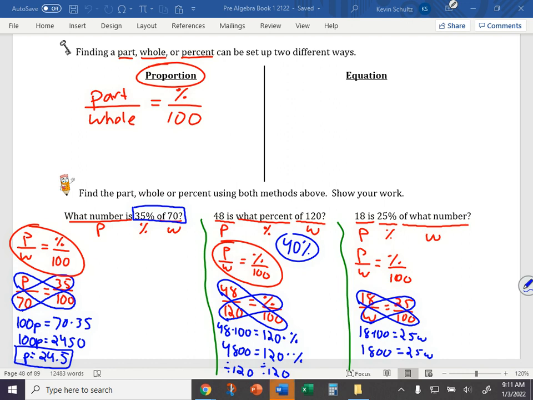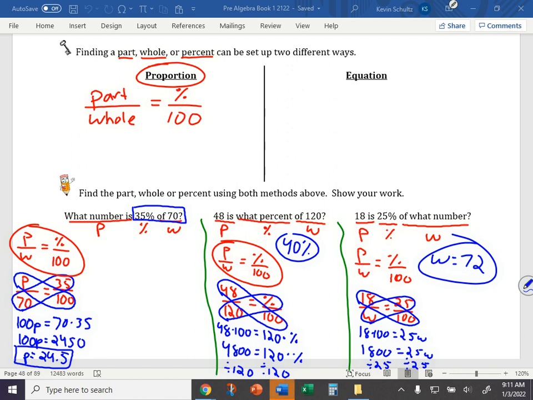Haley. 1,800 divided by 25. Yep. Divide both sides by 25 to get W by itself. And what is my whole? What does that end up being? Everybody. 72. Yes. 18 is 25% of 72.